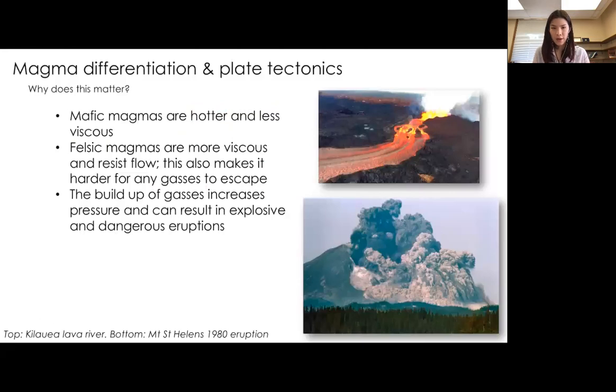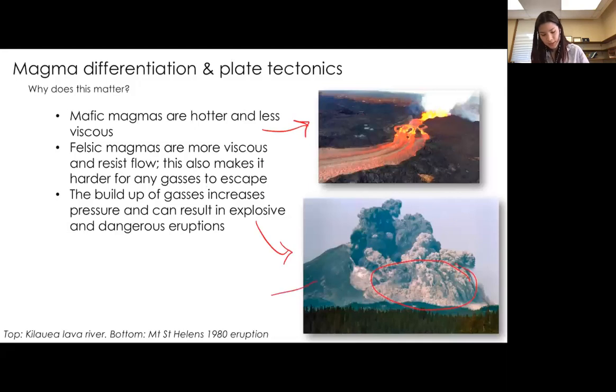And just to drive this home more, we can see an example of a mafic magma and its nice flow-like patterns. There's still some hazards there, but it's a little bit more predictable versus the complete blowout and pyroclastic flow and large flank collapse avalanche that occurred because of the buildup of gases at Mount St. Helens.